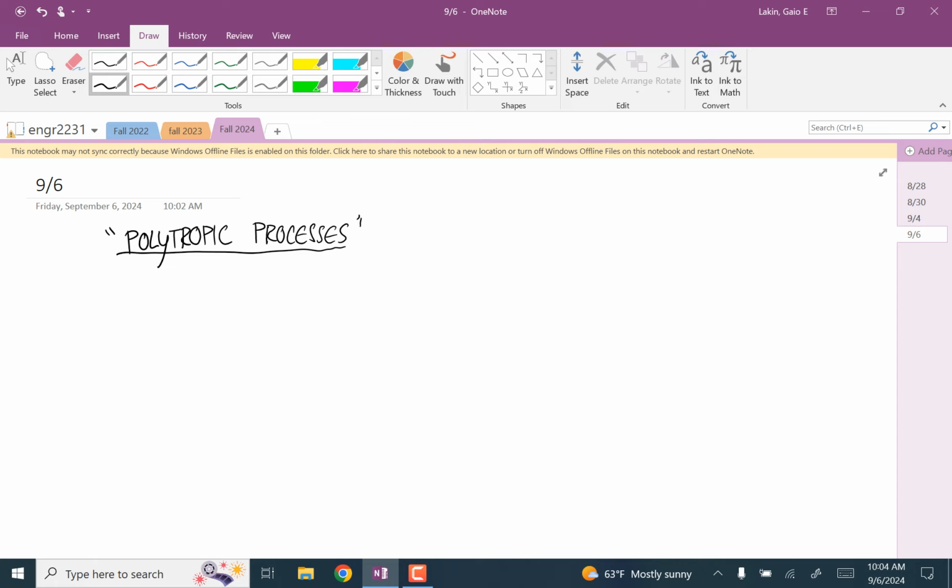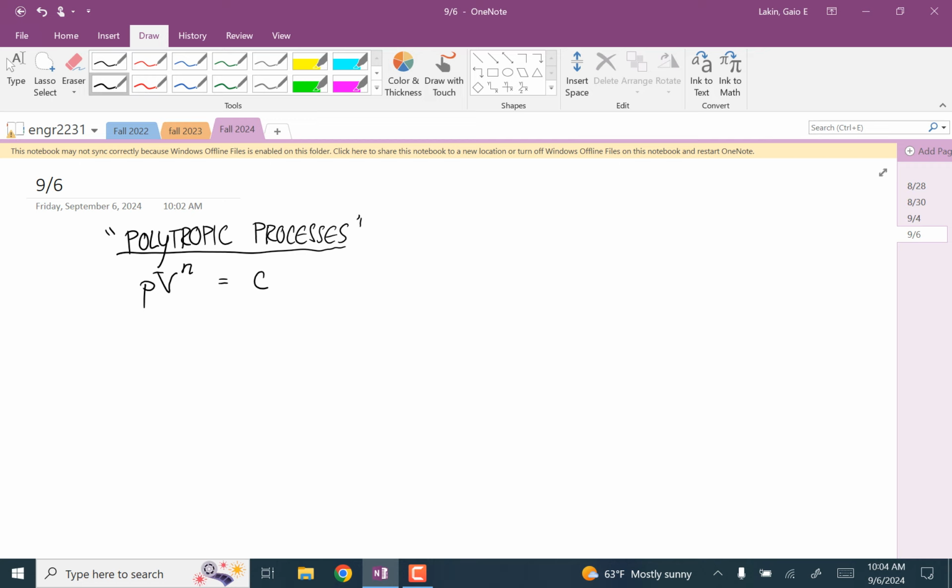It's given in a form something like the pressure times the volume to some exponent is equal to a constant. Okay. And this is not based on a certain type of material or anything. This would just be for your specific process that you're doing.